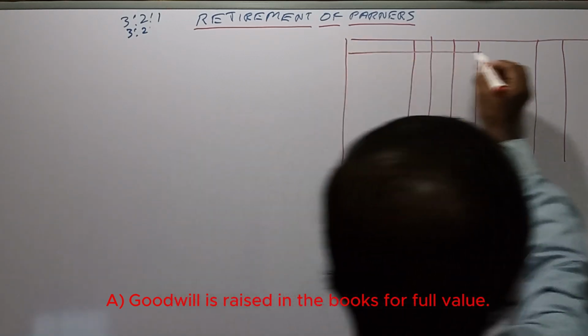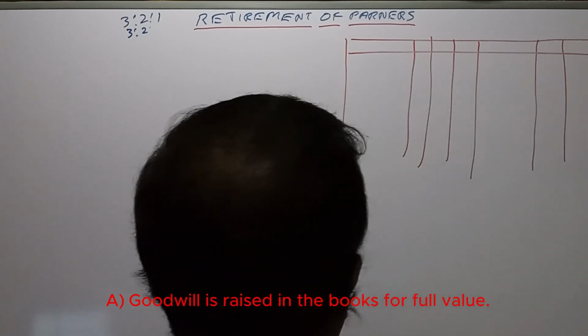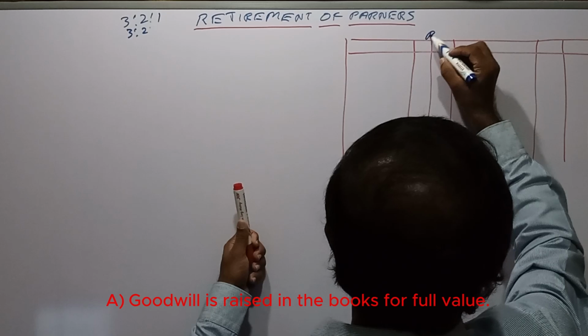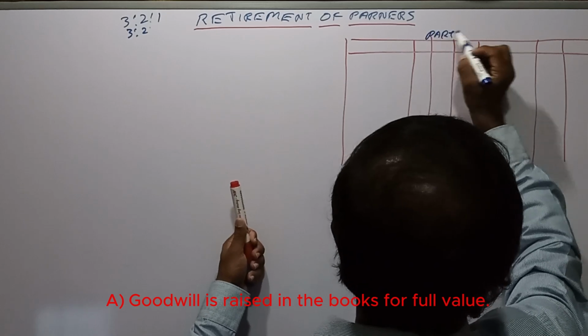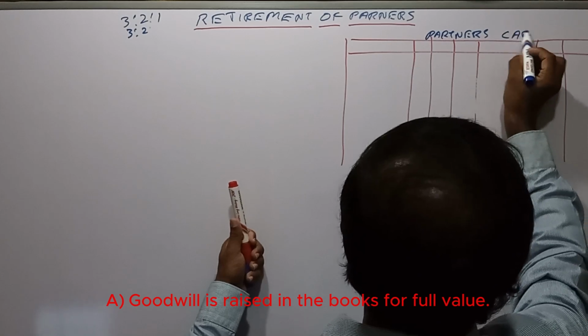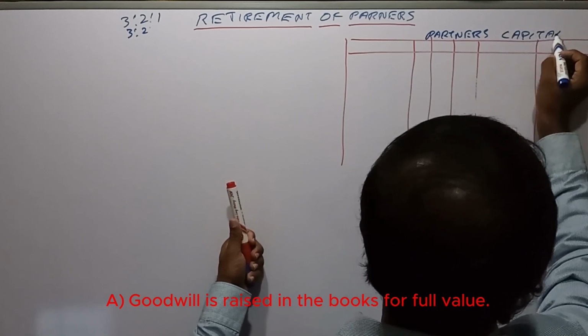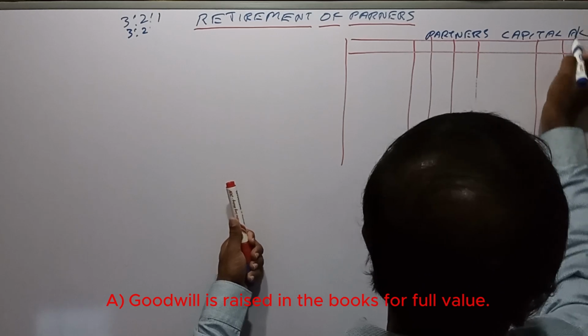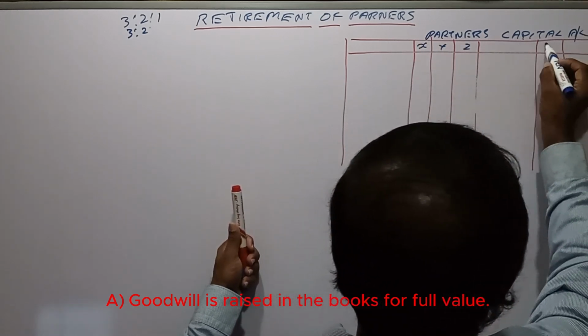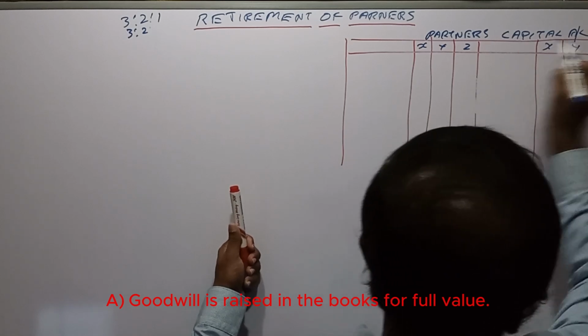This is the partners' capital account, with columns for X, Y, Z.